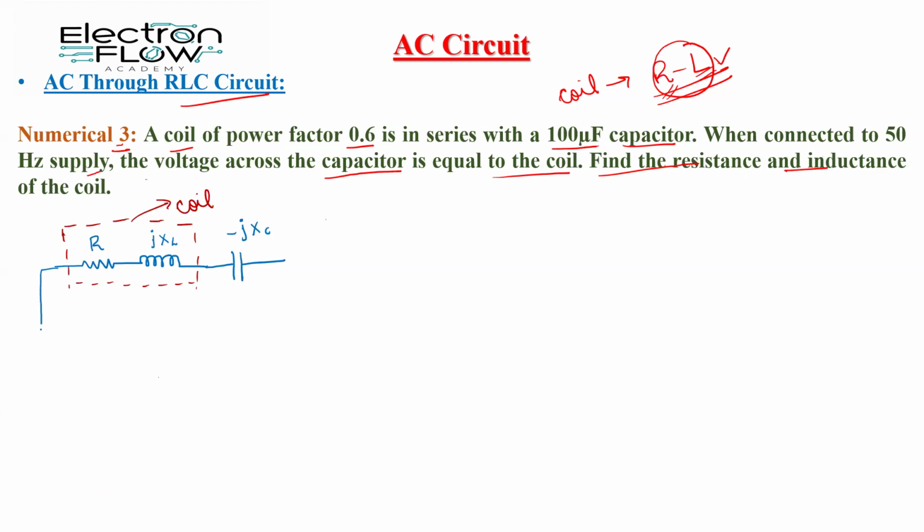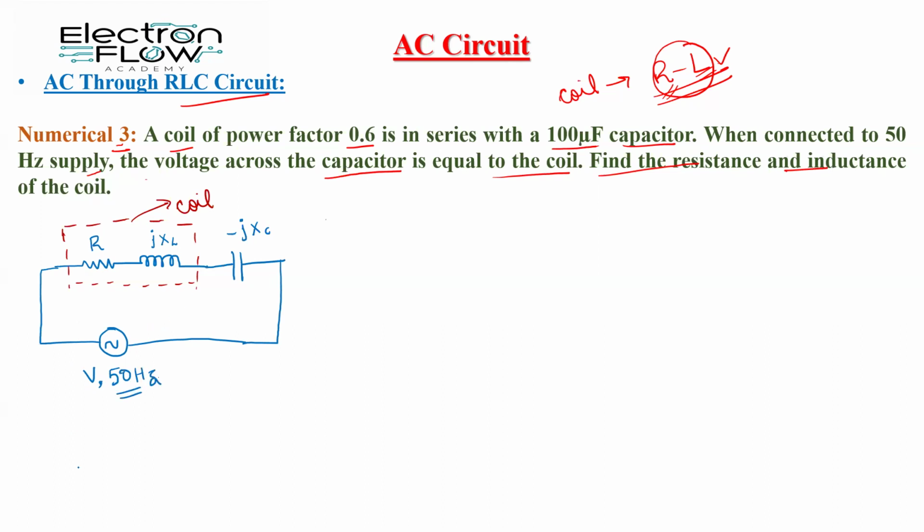This load is connected across the supply. This is the AC voltage source. We are assuming V volts because the voltage is not given to us. The only thing given to us is the supply frequency, which is 50 hertz.